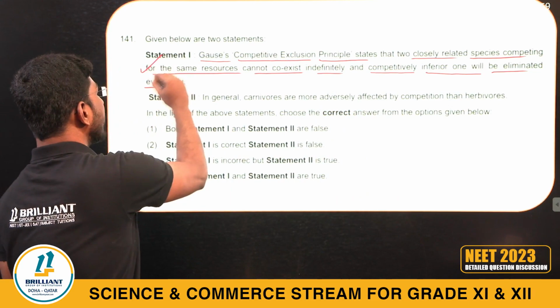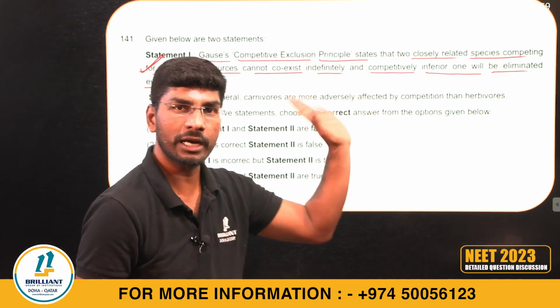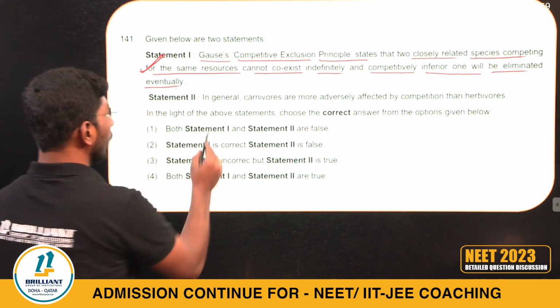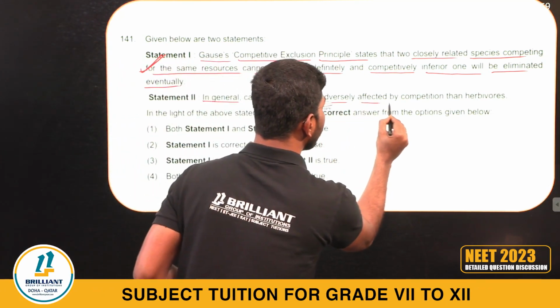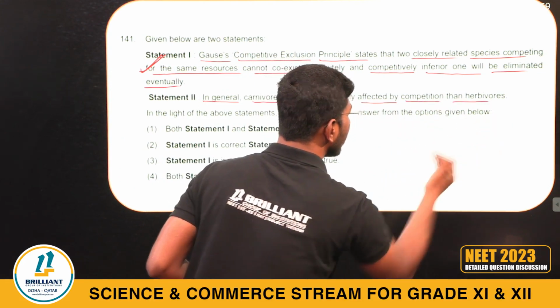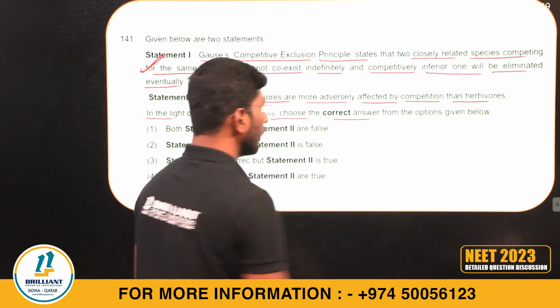This is competition. Now, statement 2: in general, carnivores are more adversely affected by competition than herbivores. In the light of the above statements, choose the correct one.